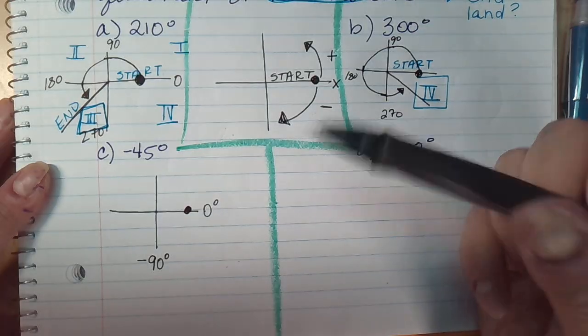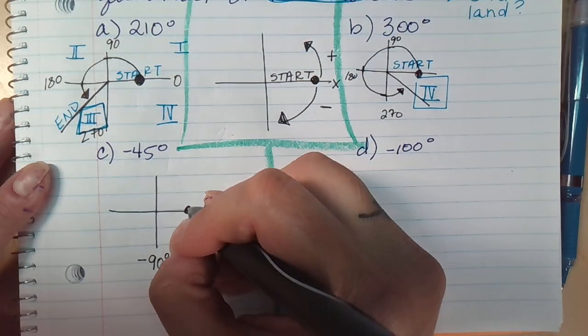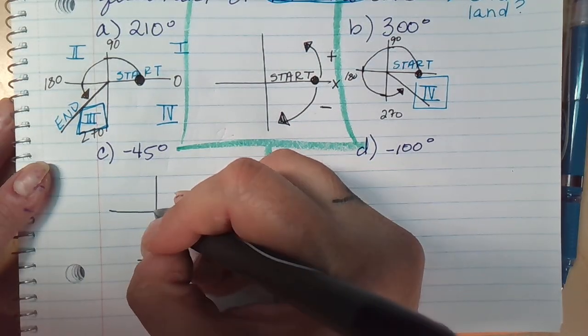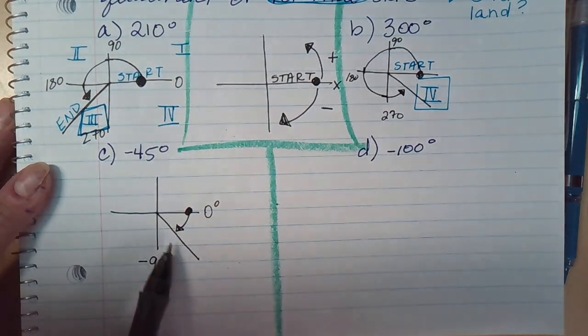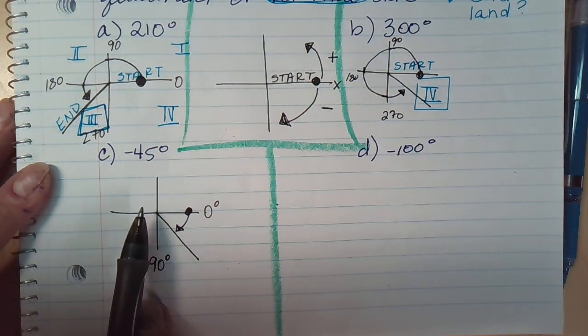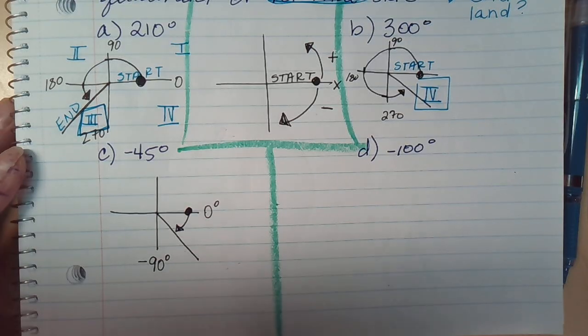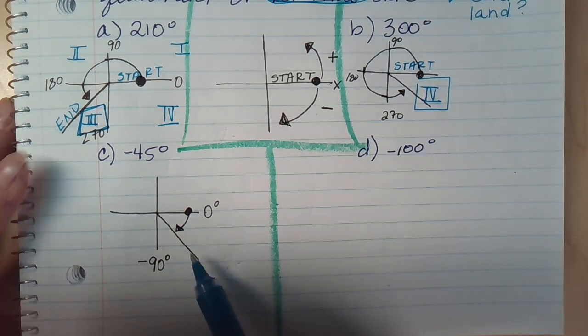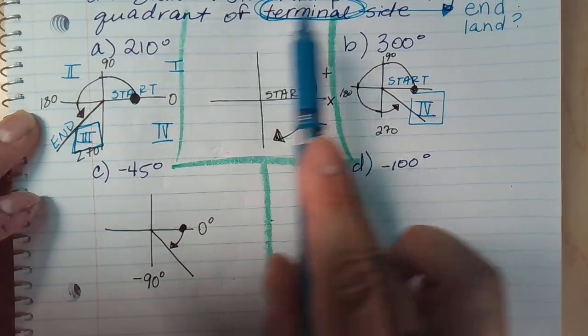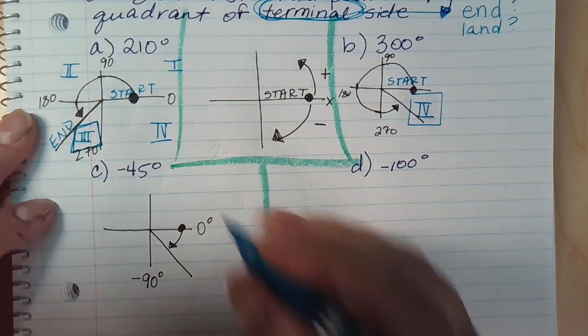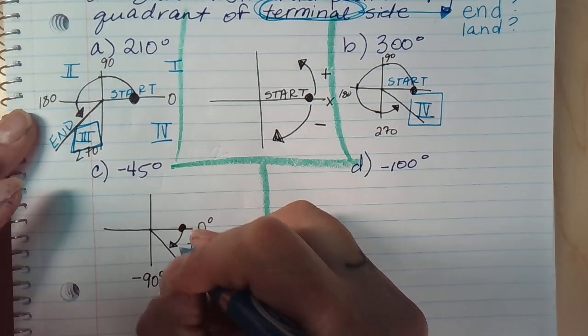Okay, negative 45 is halfway in between. And then that diagonal from the center out into the quadrant, that's your terminal side. Okay, the question was, what's the quadrant of the terminal side? It's quadrant 4 again.